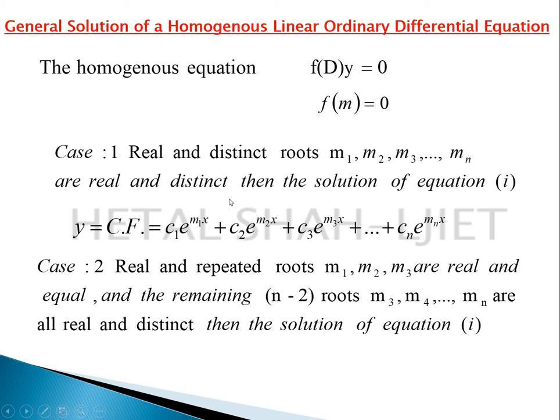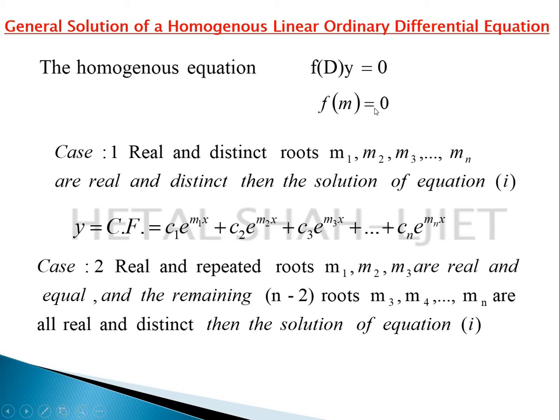So this is the first case. If our equation has real and distinct roots, then the solution is the complementary function only, in the form C1 e raised to m1x, C2 e raised to m2x up to Cn e raised to mnx.